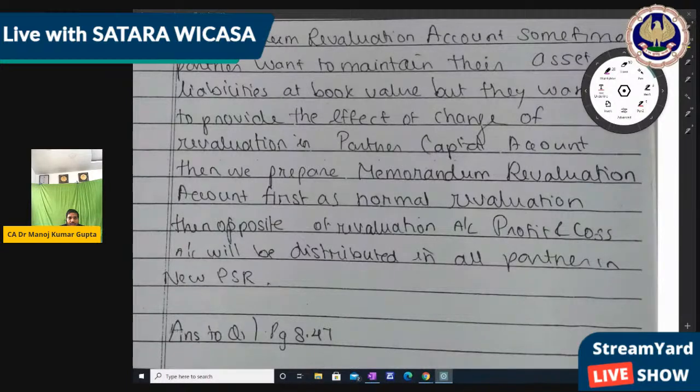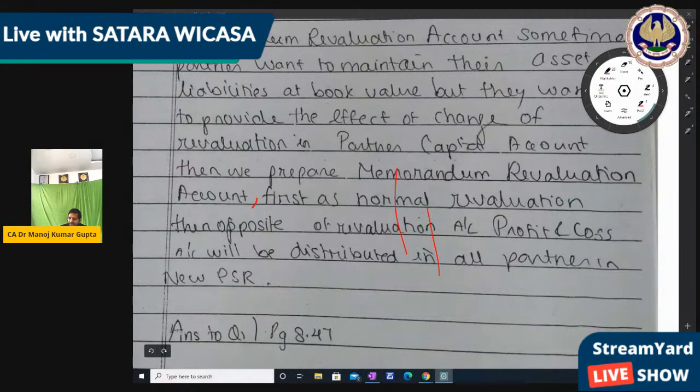First we prepare the normal revaluation account, then the opposite of the revaluation account. Profit and loss will be distributed among all partners in the new PSR. We had discussed this also. We prepare the memorandum revaluation account when we want to maintain assets and liabilities at the same value as they are.